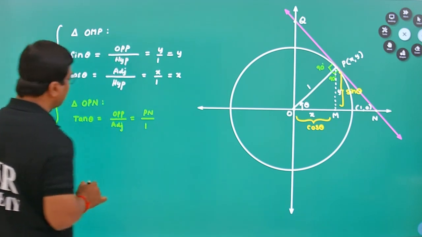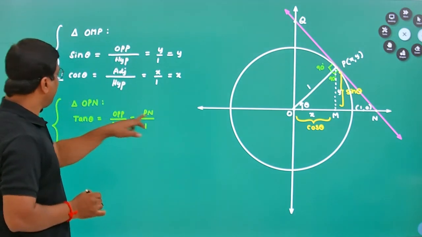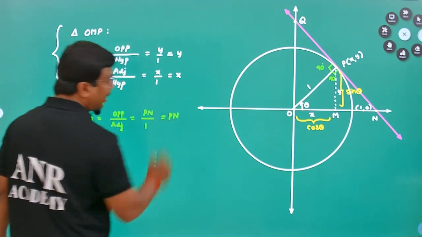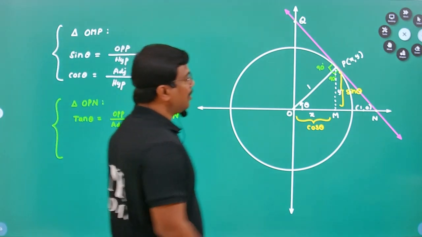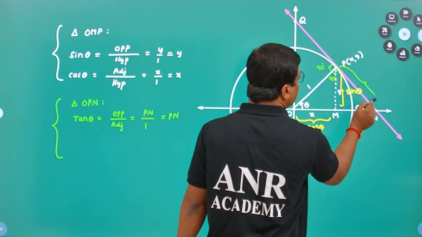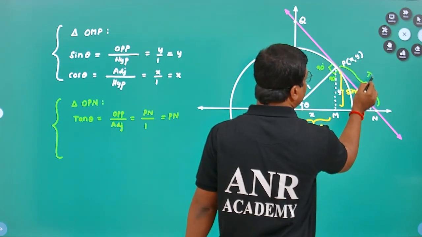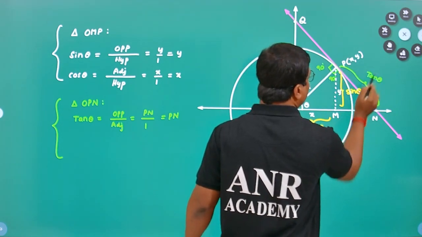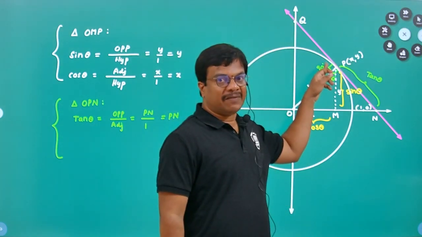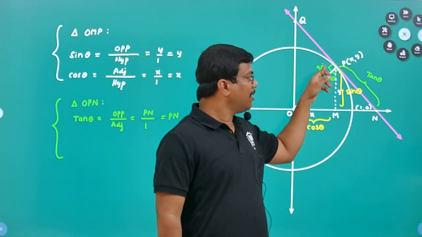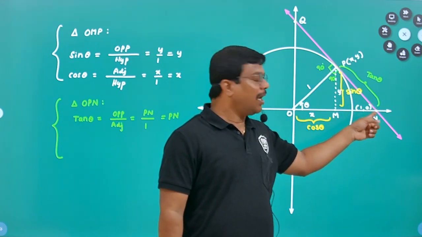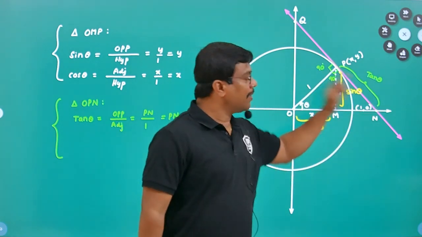From this it is very clear that PN is nothing but the tangent. So this is known as tan theta on the unit circle, that is the distance from the point P, which is on the unit circle, to the point of intersection on the x-axis. That is known as tan theta.